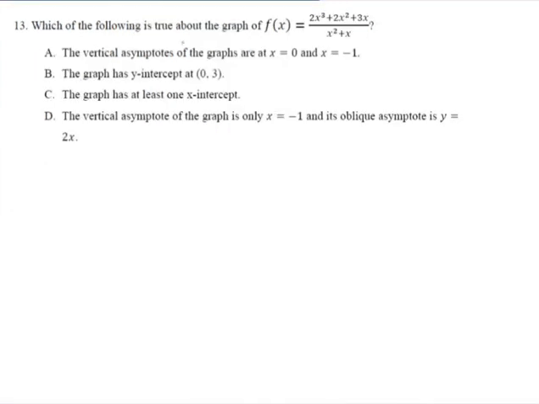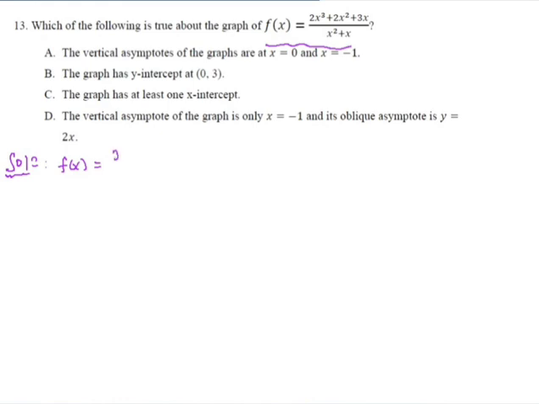Which of the following is true about the graph of f of x is equal to 2x cubed plus 2x squared plus 3x over x squared plus x? Let us put the function first in its simplified form. That is very helpful for us to understand the function.